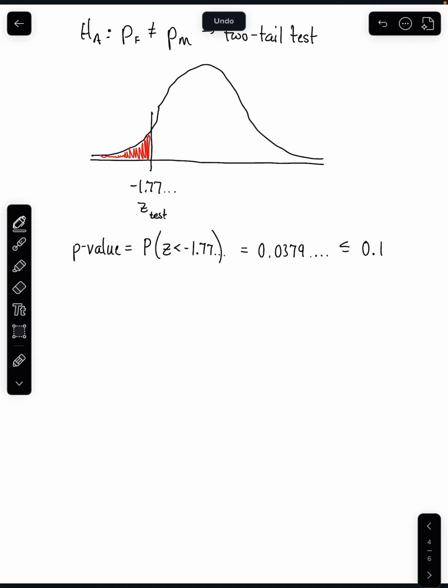Oh, excuse me, I forgot one important thing. This being a two-tail test, this value needs to be multiplied by 2. Which would give us a full p-value of 0.0759, etc. That is the value that needs to be compared to alpha, this being a two-tail test.